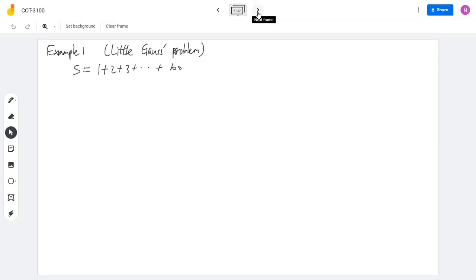If we want to use the sigma notation, what we get is summation K equals 1 to 100. And if you prefer the letter I, that's also okay: I equals 1 to 100. J equals 1 to 100, summation J. It doesn't matter.